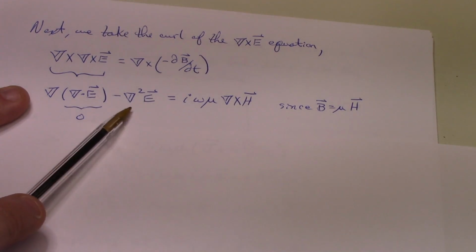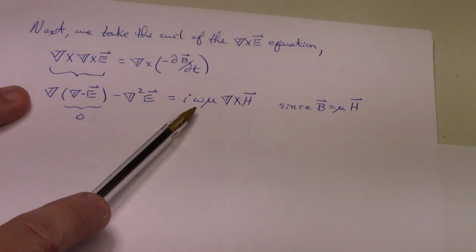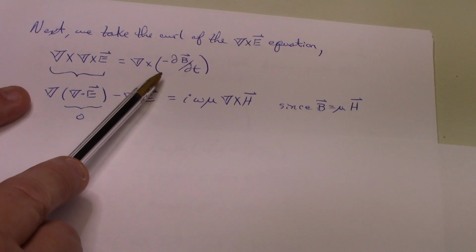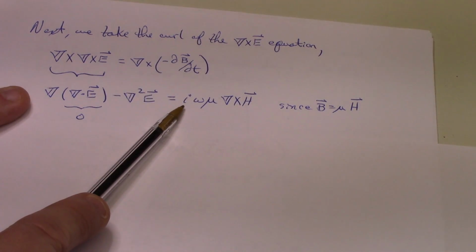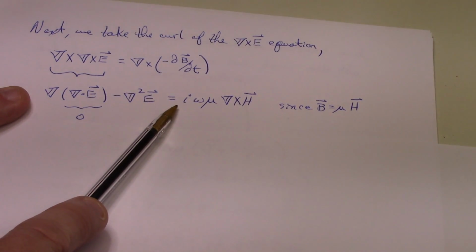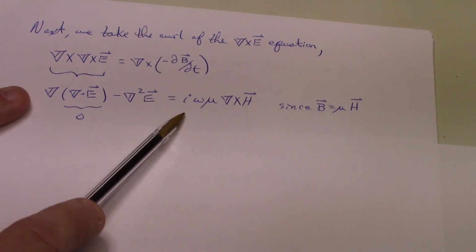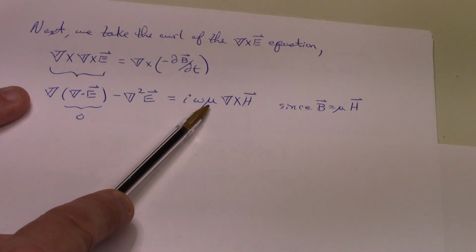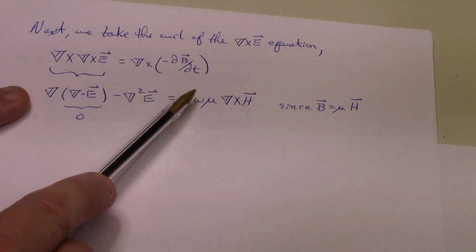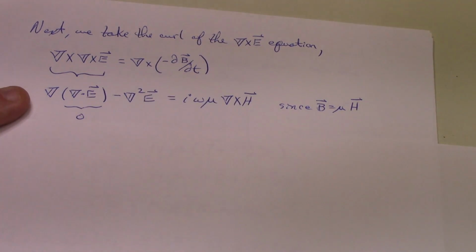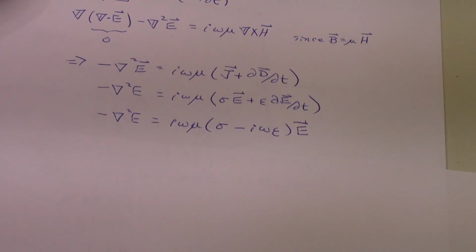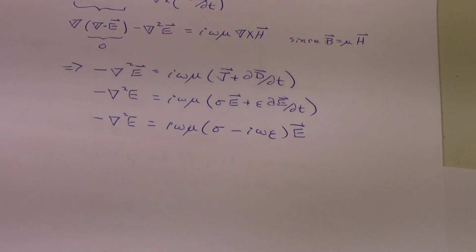So we're only left with this Laplacian term, which is equal then to, when you take the time derivative out, a factor of minus i omega, so those minus signs go away, and you're left with i omega mu times the curl of H, because remember, we defined B in terms of the permeability and the H field. Well, what does that get us?